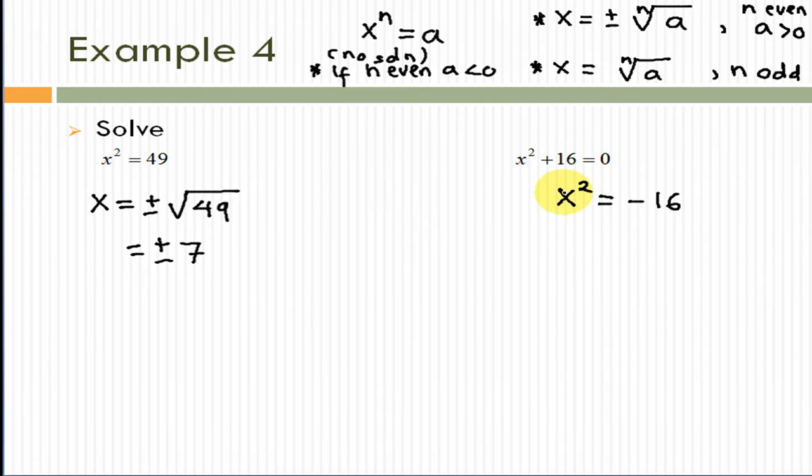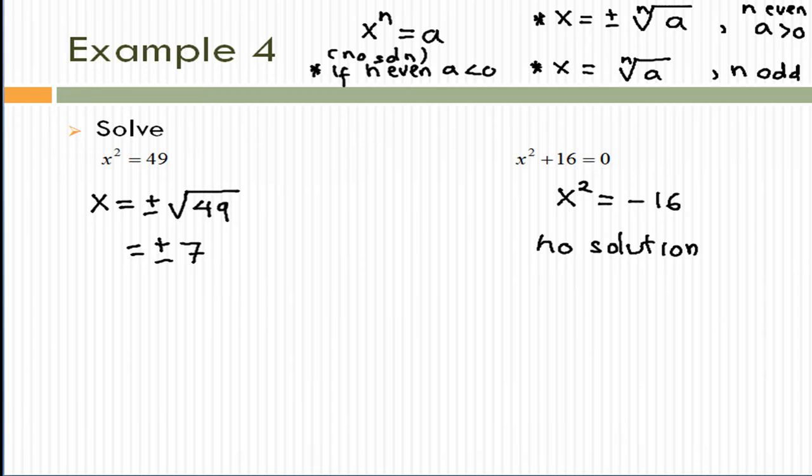But remember that a square is never negative. Therefore this equation has no solution. Or you can also argue by using this property: because n is even and a is negative, this equation has no solution.